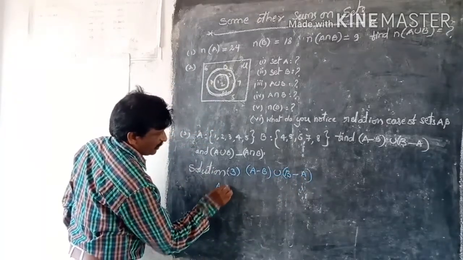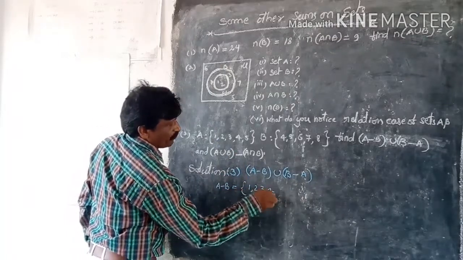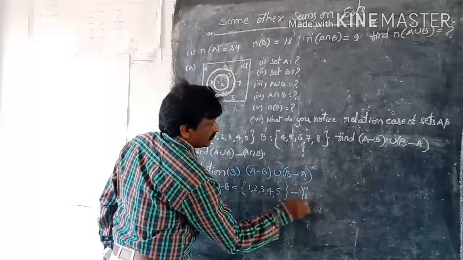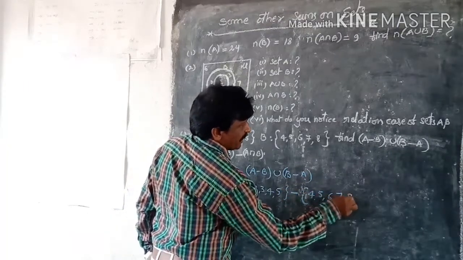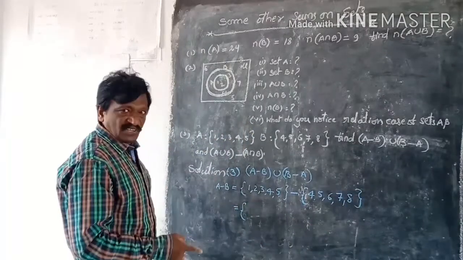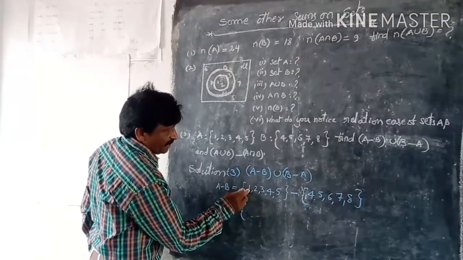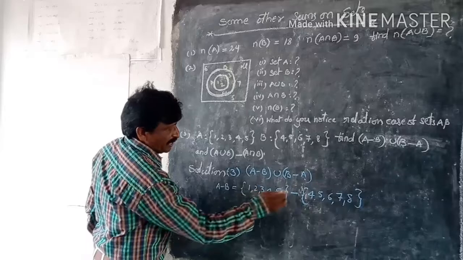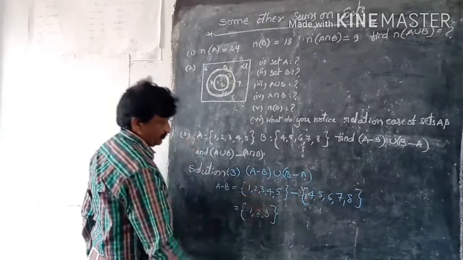First, A minus B. A, 1, 2, 3, 4, 5, minus B, 4, 5, 6, 7, 8. A minus B: the elements are in A, not in B. So A minus B is 1, 2, 3.